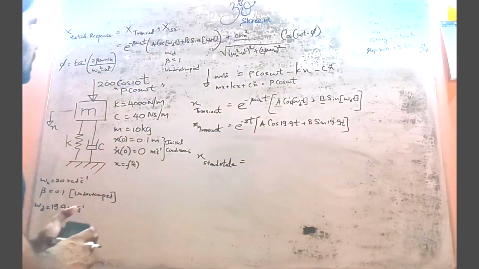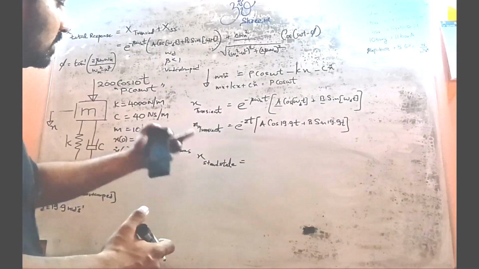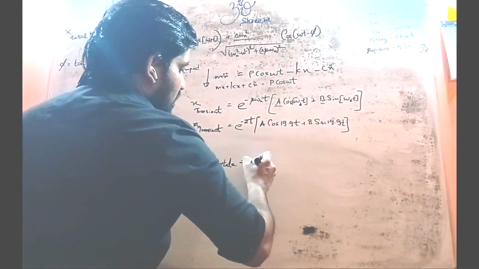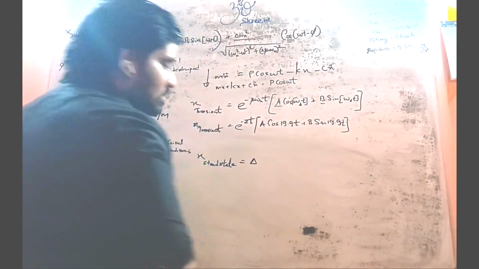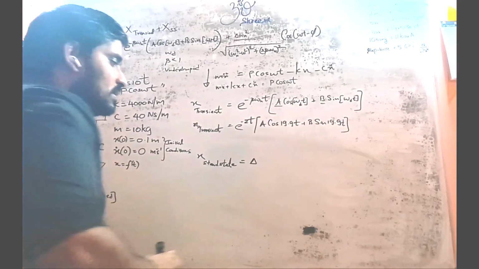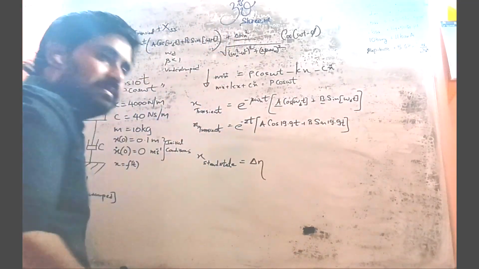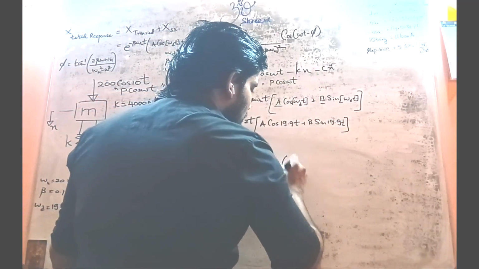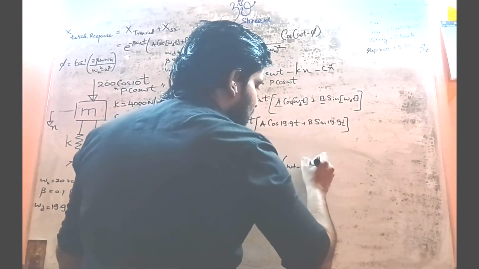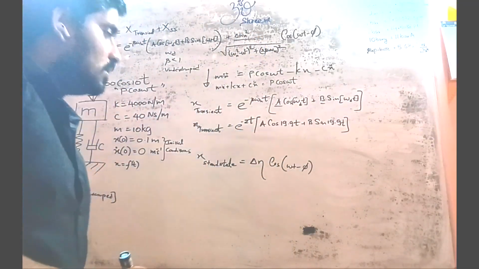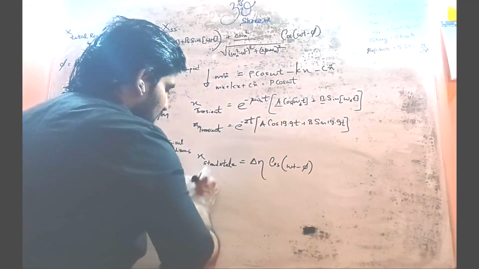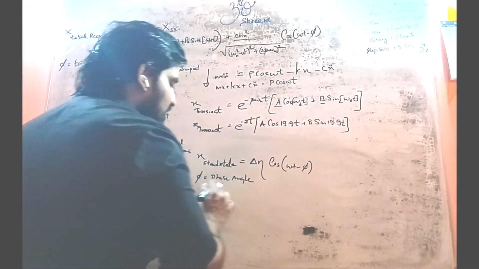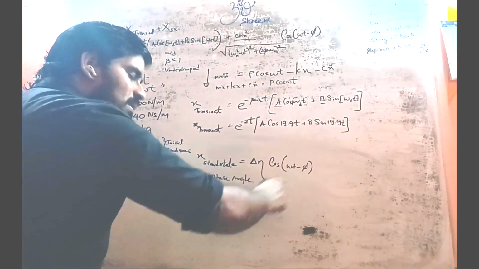We say let the steady state response be delta, which is the static deflection, and eta, which is the dynamic magnification, times cos within brackets omega t minus phi. So what is this phi? This phi is actually the phase angle. And why is it minus phi?